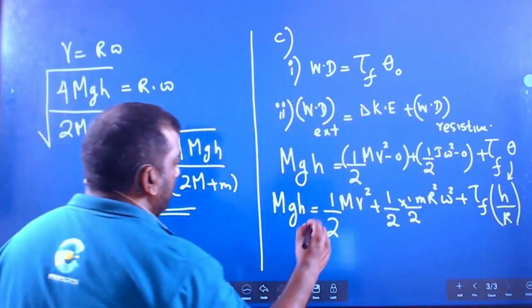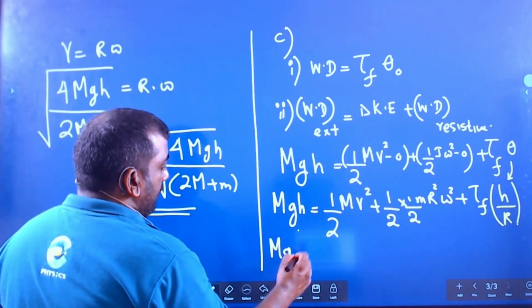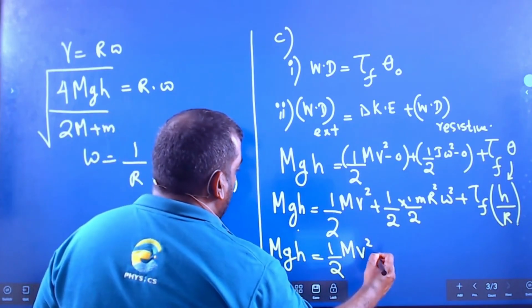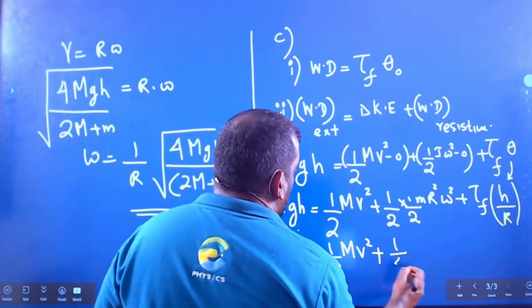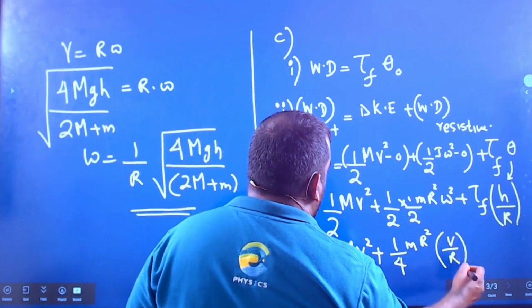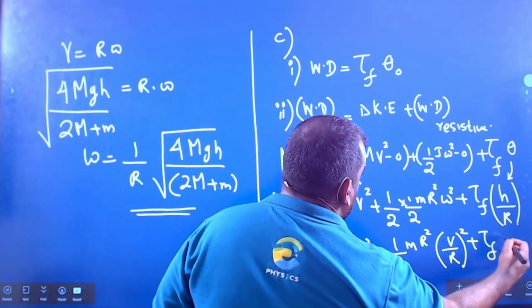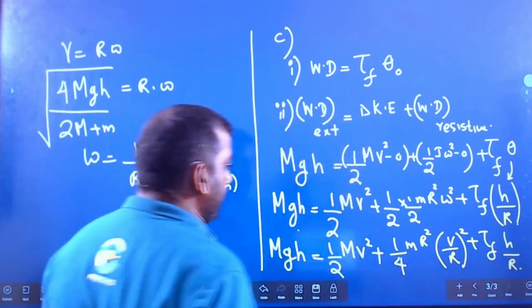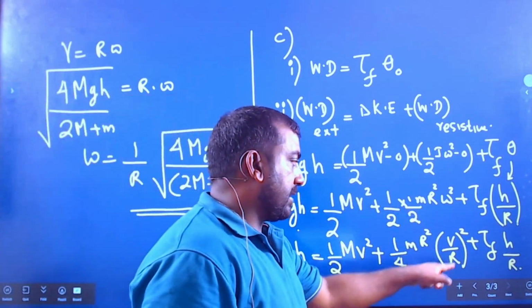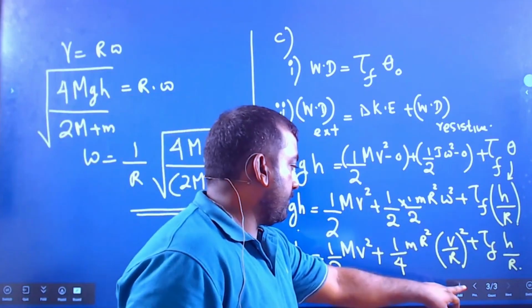Simplify this carefully. No slip condition. mgh equals half capital M v squared. Be careful now. Plus half into quarter simple m r squared into v over r whole thing squared, plus frictional torque into h over r. Now simplify. R squared cancels off. Take it to the other side.